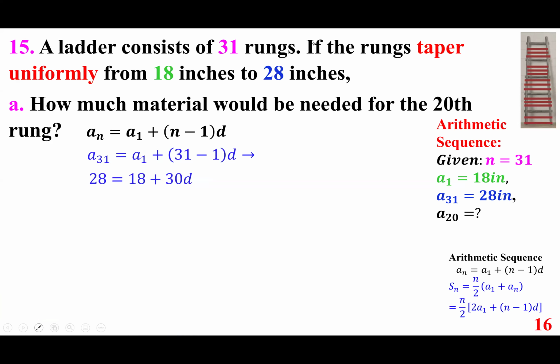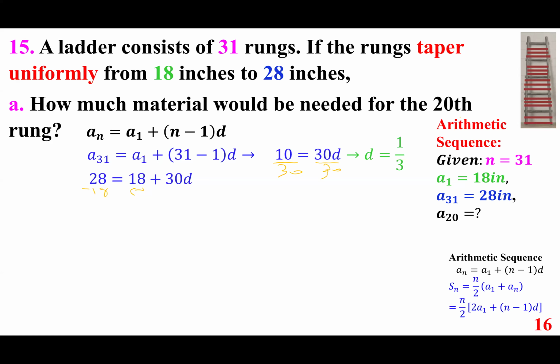We are subtracting 18 from both sides. We get 10 equals 30d. Divide by 30, and d becomes 1/3.